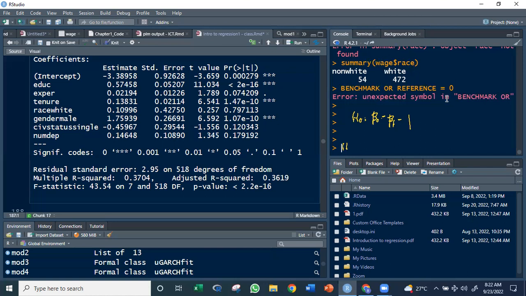So kaya overall kasi pinagsasama lahat ng mga parameters natin. Beta null is equal to beta 1 is equal to beta 2 hanggang beta 7 is equal to 0.